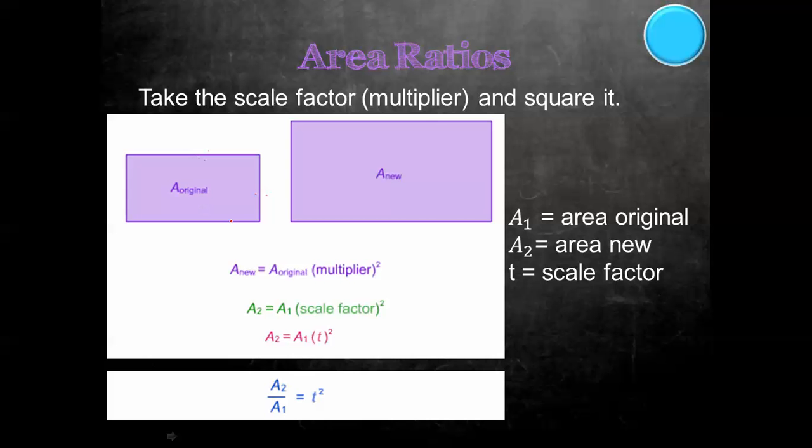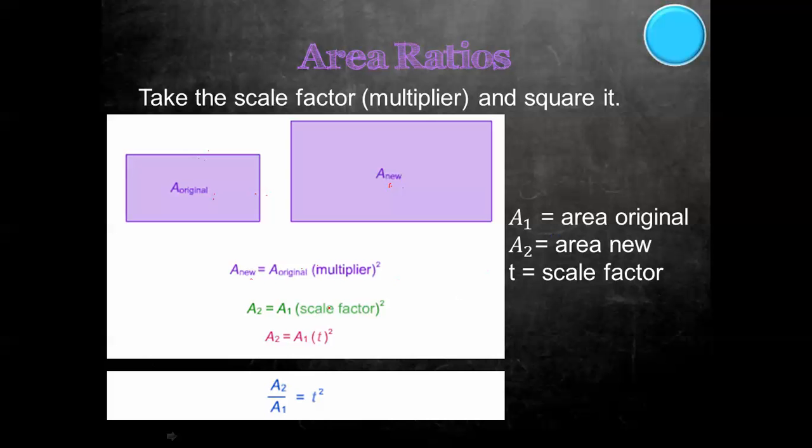Say we have this one right here. We have this new shape. It got bigger. Here's the original shape. If we were to take the original area and multiply it times the scale factor squared, it would give us the area of the new shape.